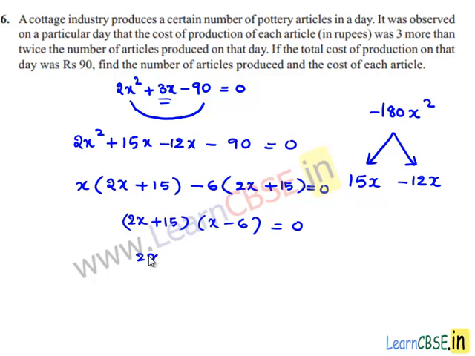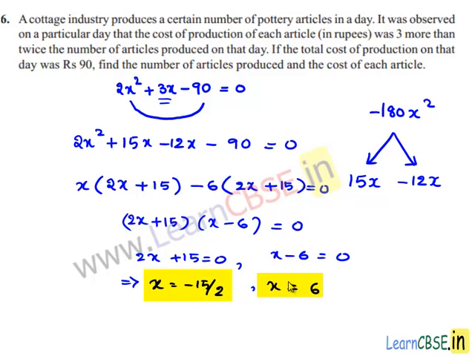So 2x + 15 = 0, or x − 6 = 0. So we get x = −15/2, or x = 6. x is the number of articles produced. Since it can never be negative, this value can be ignored. So this can be taken into consideration.